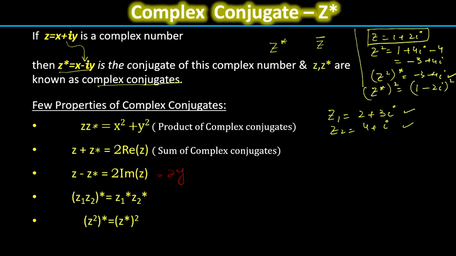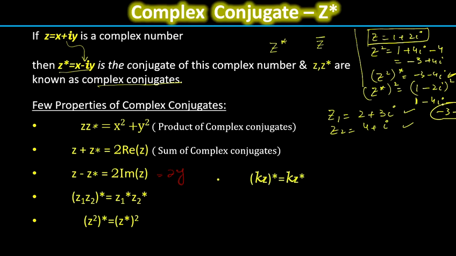This is 1 minus 4 iota. Iota square is minus 1, minus minus plus. What do you get? You get minus 4. Ultimately, you're getting minus 3 plus 4 iota. Same results. Note down these properties, please.